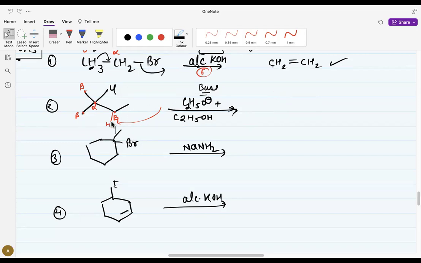If I remove from here, a double bond will form here and this chlorine will go away. So the first product is this one. The second one will be, if I remove the hydrogen from this carbon, the double bond will be made on this side and this will be removed. So the second product will be like this.